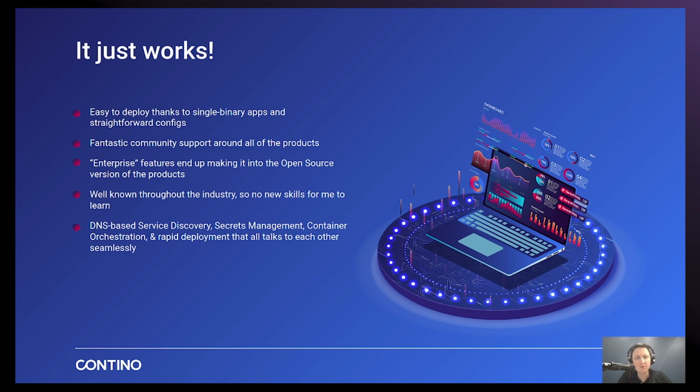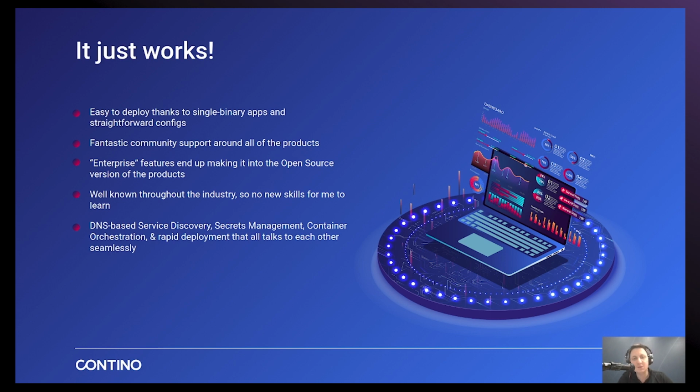They're well known throughout the industry. I suspect that if we were all sat in a room together and I asked who uses HashiCorp tools now to put their hands up, it's a HashiCorp conference, it's going to be at least 95%. But I suspect that even if I was at AWS re:Invent or something like that, there's going to be a lot of hands go up.